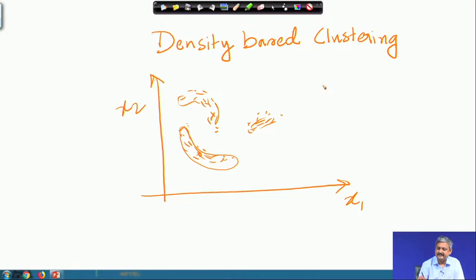So, we look at two things. We study density of a point, that means if there are other points in the neighborhood. For example, all these points are dense, but if we have one or two separate points, they are not dense, because there is no other point in the neighborhood. So, we talk about density of a point and we talk about connected points.